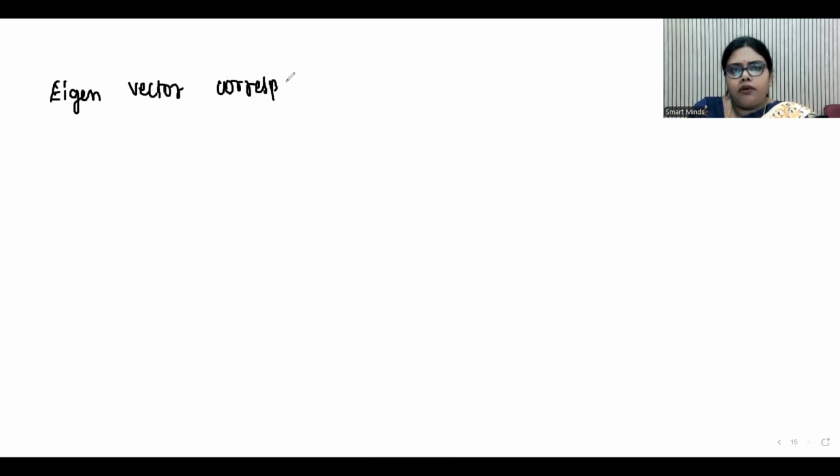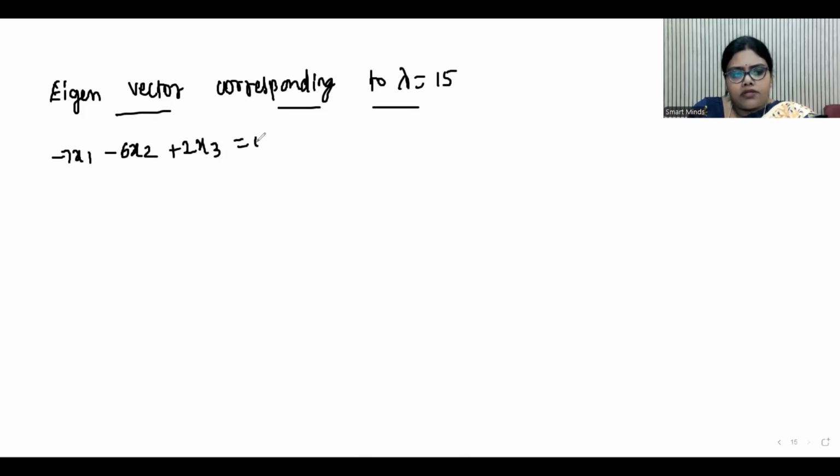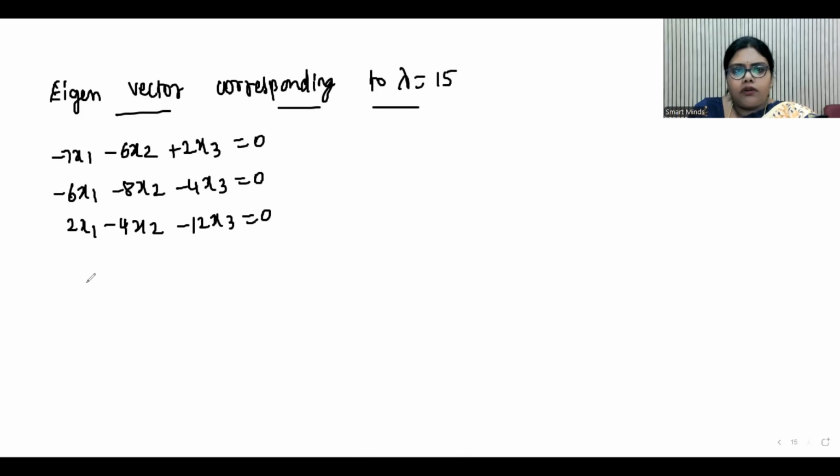Now let us find out eigenvector corresponding to lambda equals to 15. So what do you get? Directly I am writing the equations. Minus 7x1 minus 6x2 plus 2x3 is equal to 0. Minus 6x1 minus 8x2 minus 4x3 is equal to 0. 2x1 minus 4x2 minus 12x3 is equal to 0.